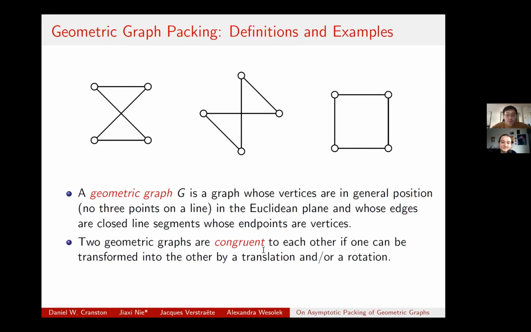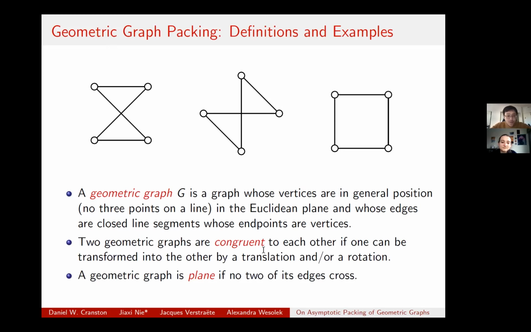Two geometric graphs are congruent to each other if one can be transformed into the other by translation and/or rotation. Here, the first two examples are congruent to each other because they can be obtained from each other by translation and rotation. The third one is not; it's different in this sense.